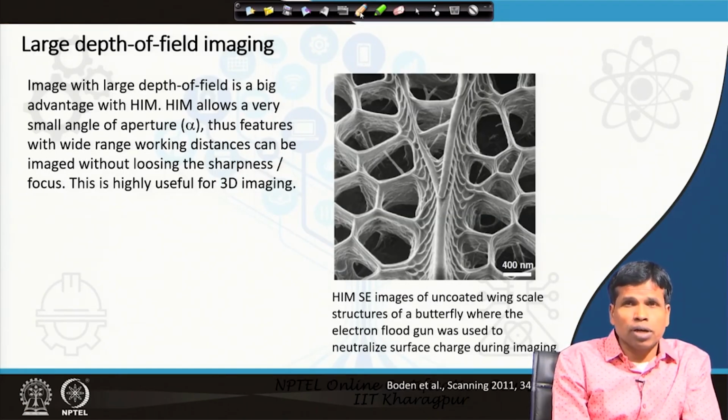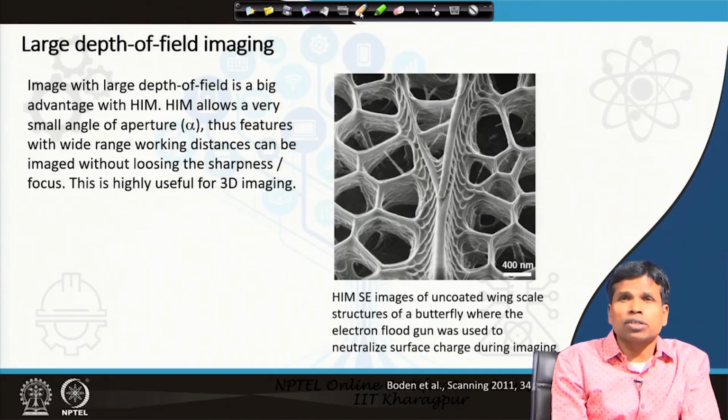If we make alpha very small, then there will be a significant increase in the diffraction aberration, and that diffraction aberration will produce no sharp image, thereby the alpha value has to be an optimum. Alpha value cannot be made too small because diffraction aberration is inversely proportional to the angle of aperture.